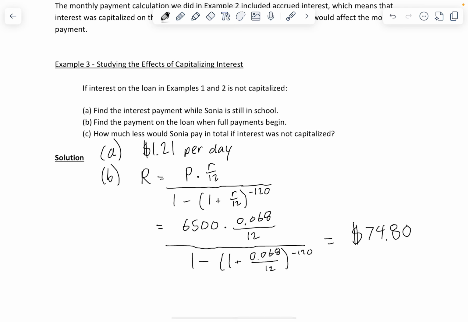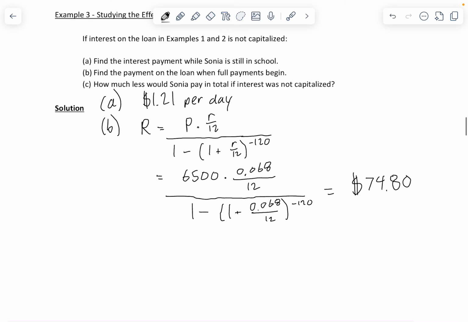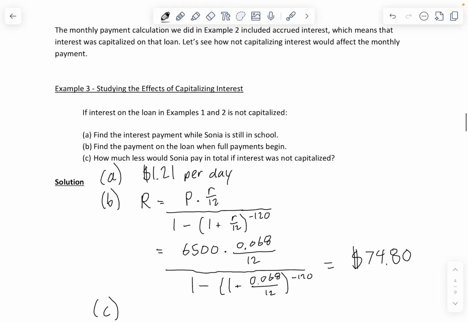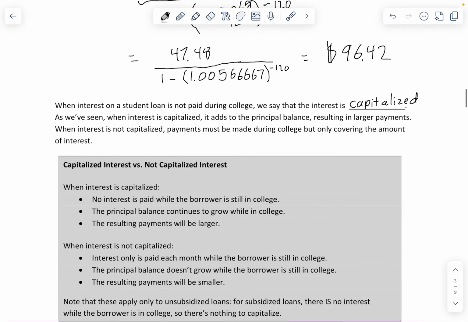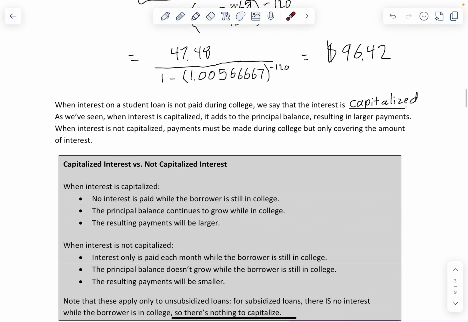All right, how much less would Sonia pay in total if interest was not capitalized? Well, in the previous example, we found that when all interest is deferred, Sonia would make payments of $96.42, right? And she has to make those payments for 10 years. So there are 12 payments a year.